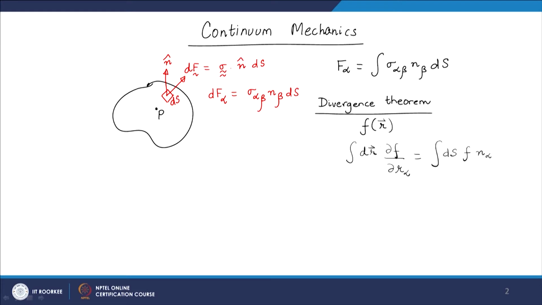So, if we use this idea in the equation for F alpha, what I do get is a derivative of the stress tensor with respect to r beta. So, you note that I have interchanged alpha and beta here, multiplied by dS integrated over the entire surface.